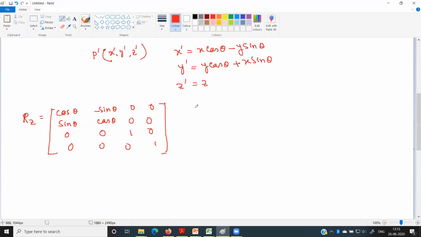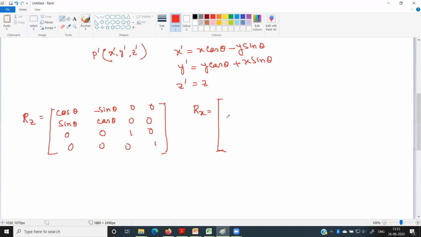Similarly, you can also derive the rotation matrix along x direction. If you find the rotation along x direction, definitely x will not change. The rotation will be performed in the yz plane, so only y will change.